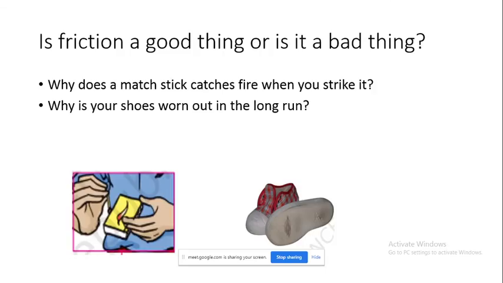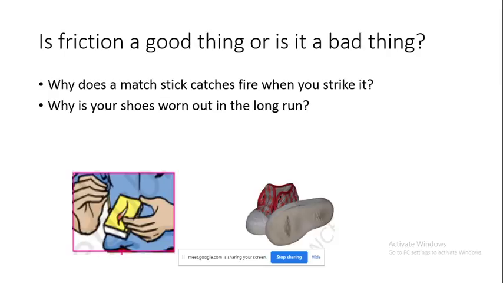So I got so many answers in the beginning. It's a bad thing, it's a good thing. Yeah, Charan was saying friction is a bad thing. All others were saying friction is a good thing. Now Charan, let me ask you. Charan, are you there?